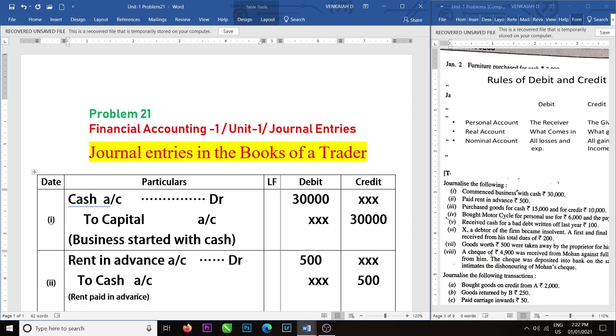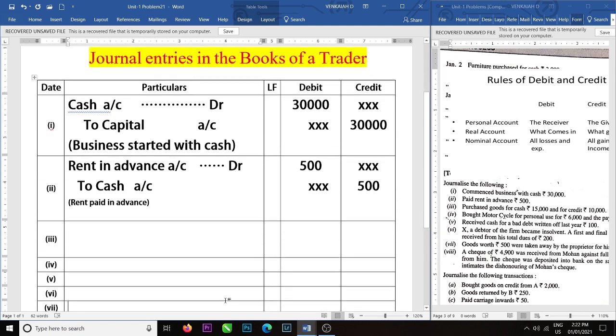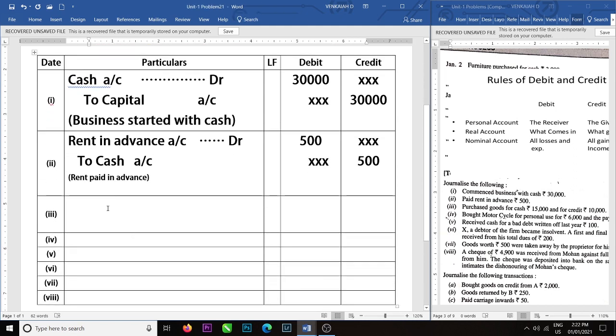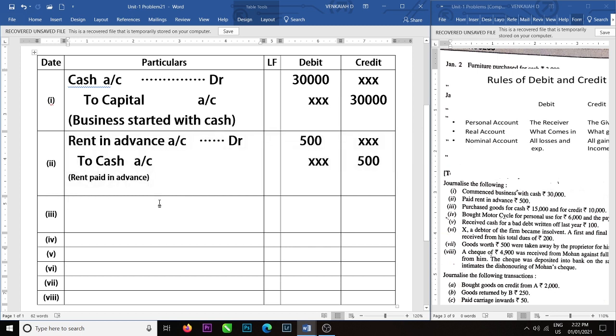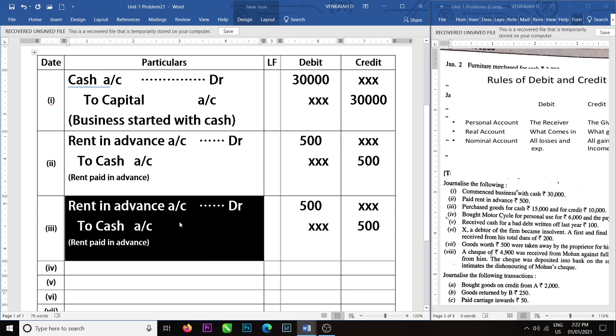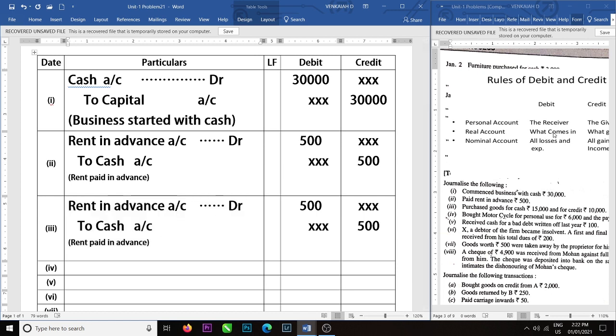Okay. Purchased goods for cash 15,000 and credit 10,000. What we purchased is goods. Goods are a real account. As per real account rules, what comes in debit.